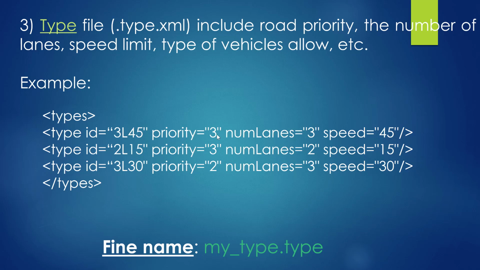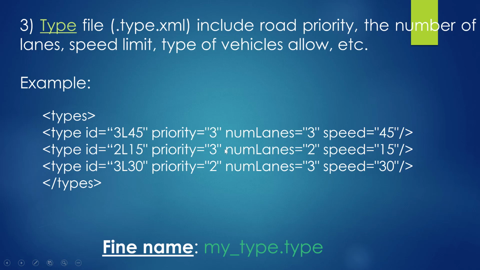For the priority option here, the higher the number, the higher the priority. That means that lane will have higher priority. So here, for example, the edge with 3L45 will have priority of 3.